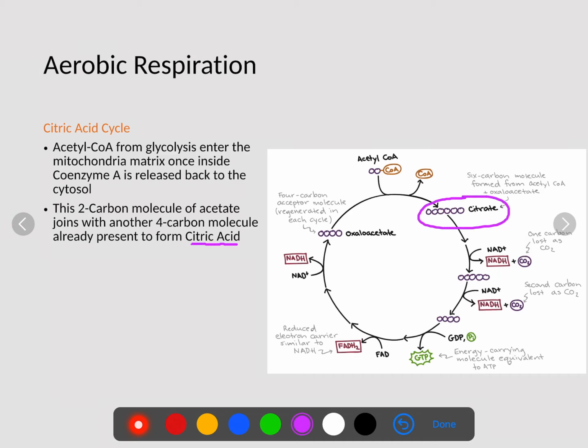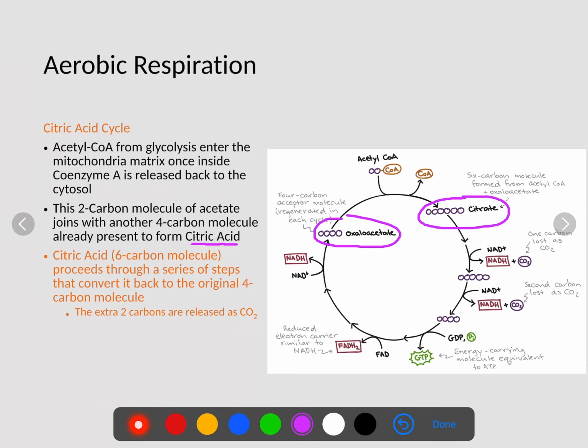So we create this 6-carbon molecule of citric acid, and as we break that back down into a 4-carbon molecule, we start producing NADH, ATP, and eventually we create 2 molecules of ATP and 2 molecules of CO2.